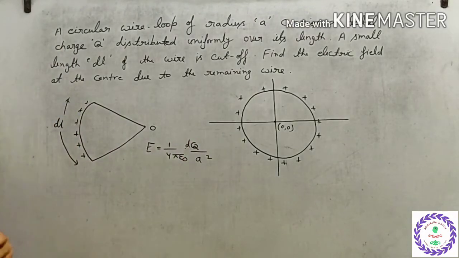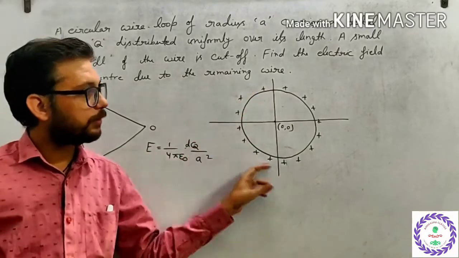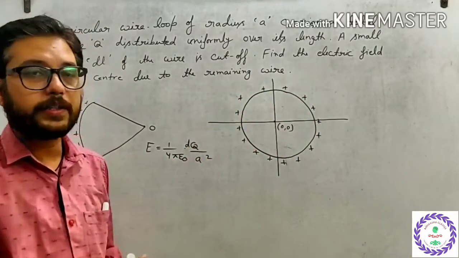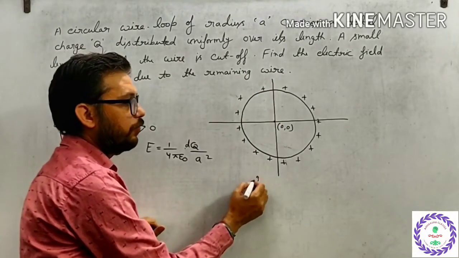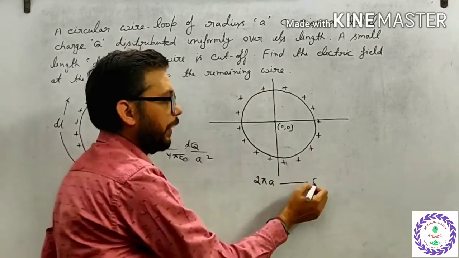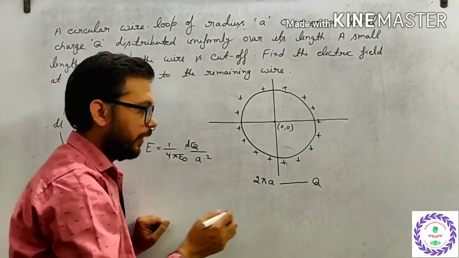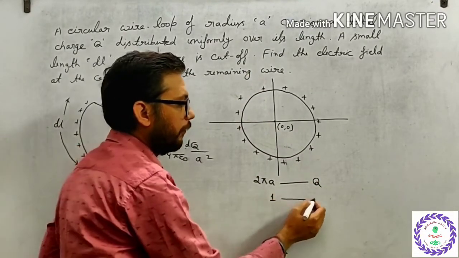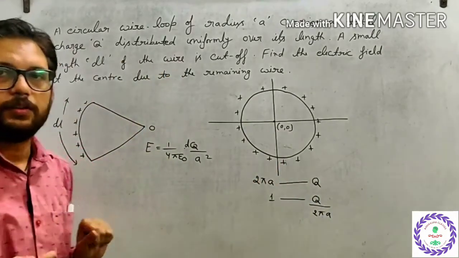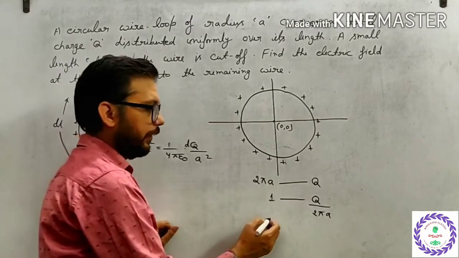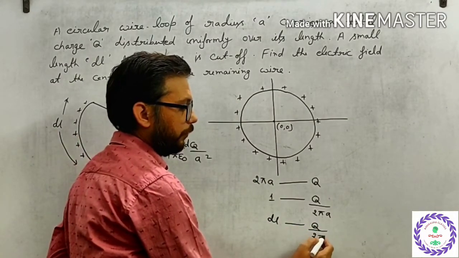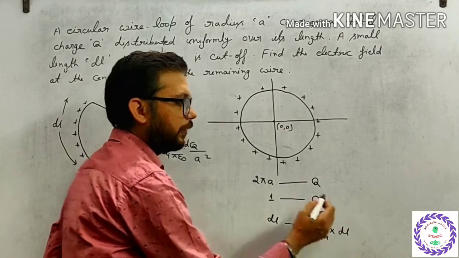So how will we get the value of dq? The entire loop means the entire circumference, and the entire circumference means 2 pi a. A length of 2 pi a occupies charge q. It means per unit length will have charge q upon 2 pi a. So if we have a small length dl, then the charge will be q upon 2 pi a into dl.